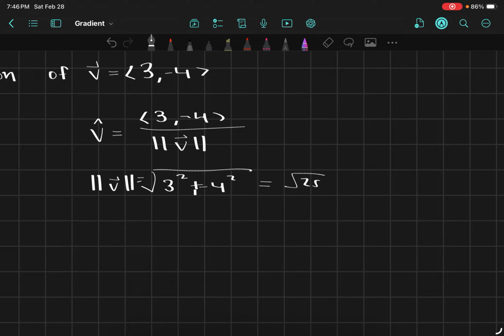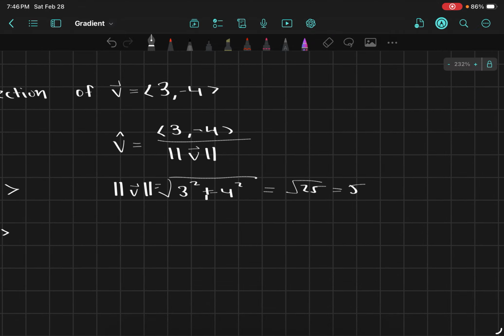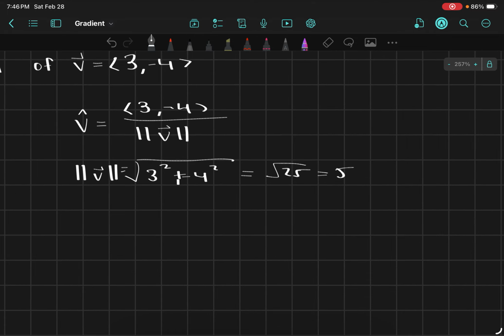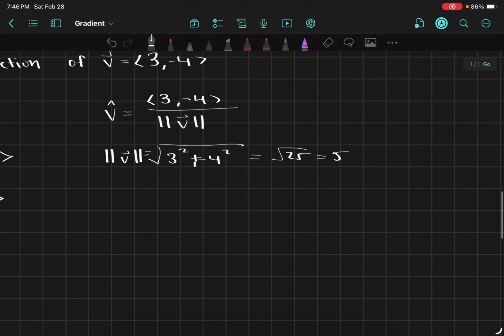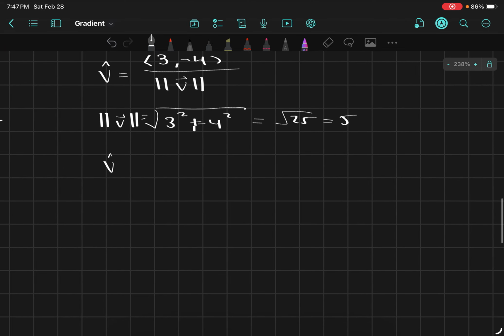Square root of 25 is going to equal 5. Well, we can already see that's not a unit vector. Magnitude is 5, that's not equal to 1. So v hat is equal to (3, negative 4) over our magnitude 5, which is going to equal (3/5, negative 4/5).